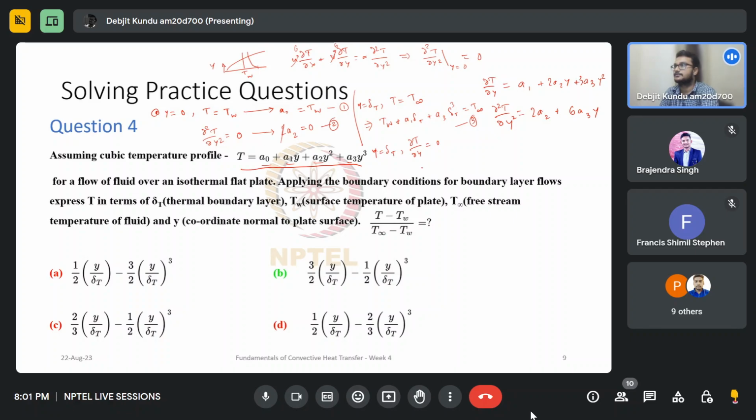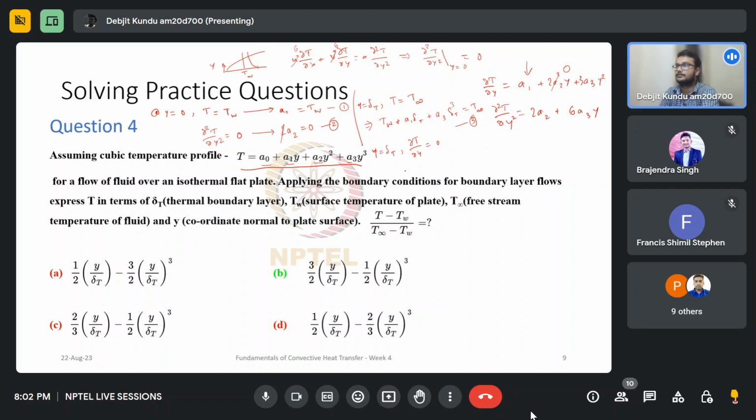I have this equation for ∂T/∂y: A1 I don't know, A2 I've found out to be 0, A3 also I don't know.